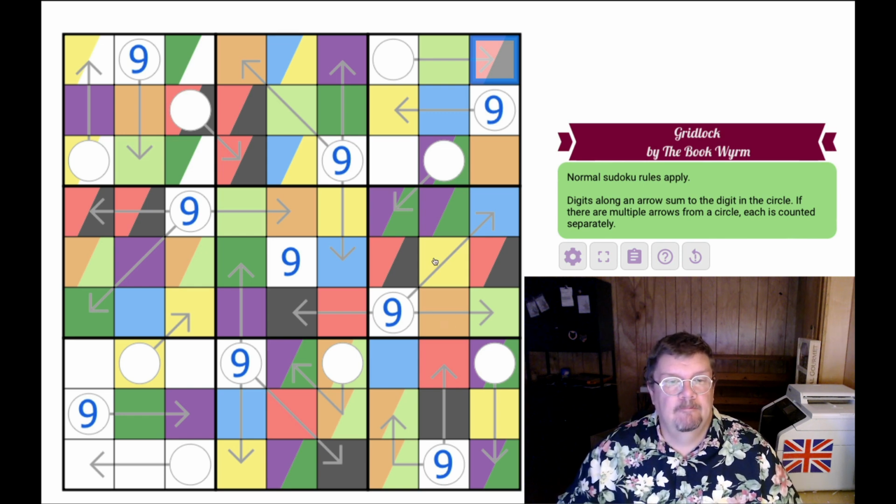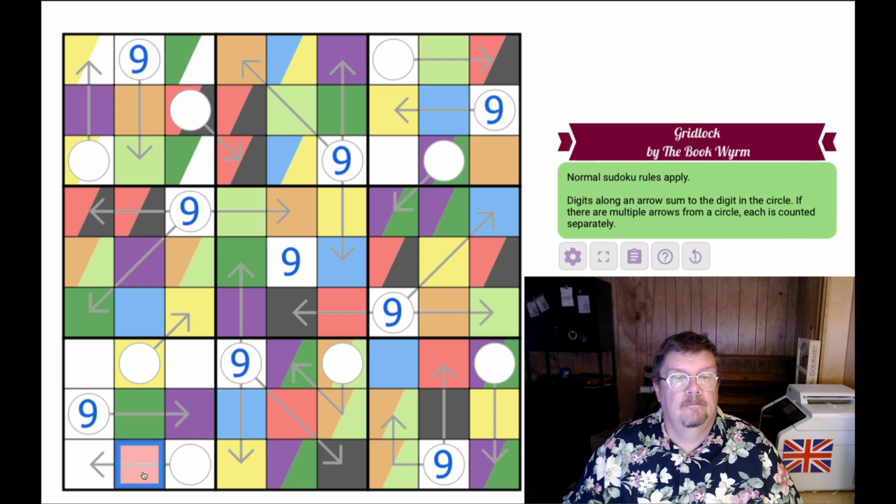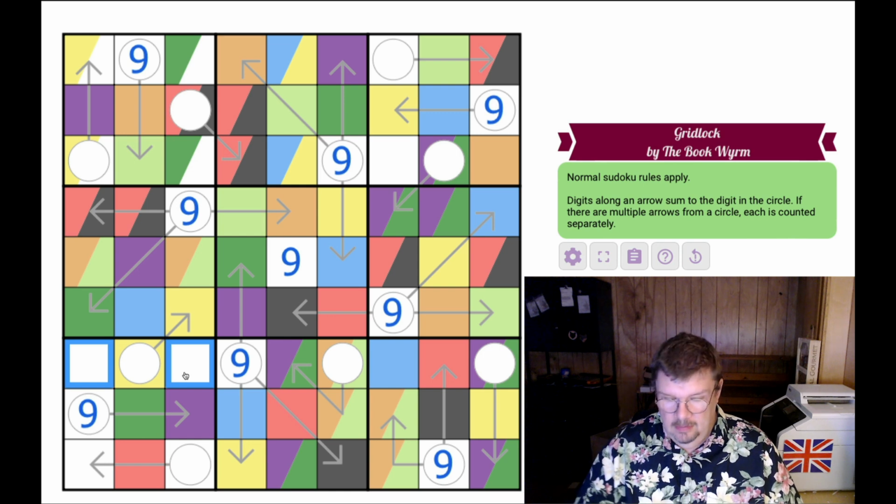And then I think, is there anything I can do down here? Yes. That by Sudoku in the column must be black or red, and is in fact red because it sees black. So that is red. That cannot be black because that would both make that 9 and it would make that impossible. So black is in one of those two.